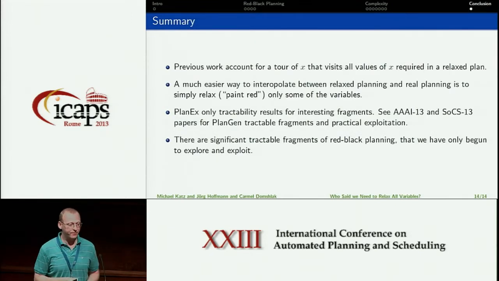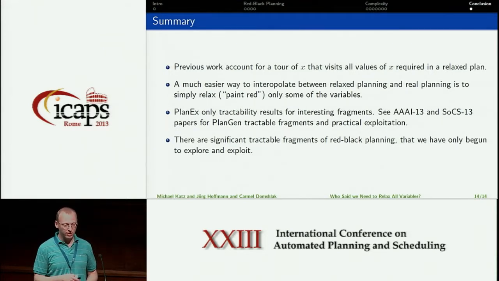So, the summary. Previous work was rather limited in accounting for change in values. This way we can pretty easily interpolate between relaxed planning and regular planning.